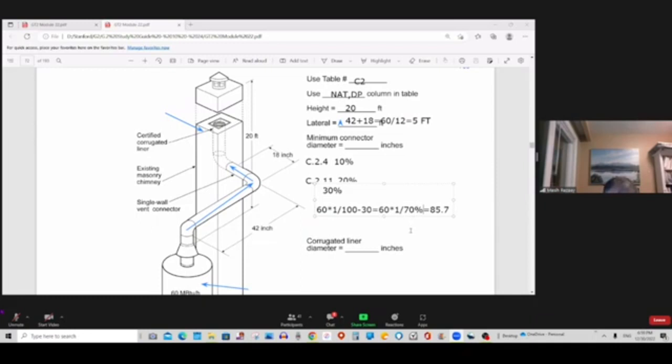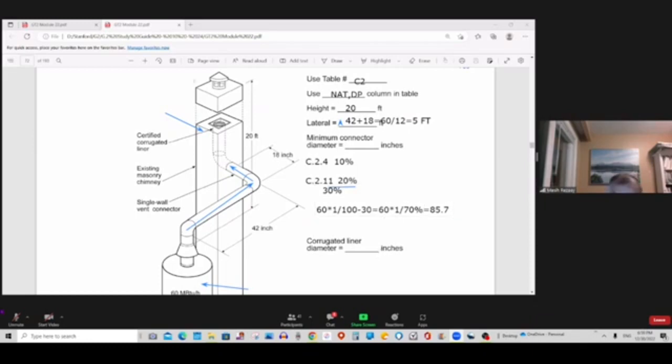It means 30% deducted from the venting, okay? Or there is another way. You say 100 divided by 70 is 1.42, and 60 times 1.42. You can do it that way too.